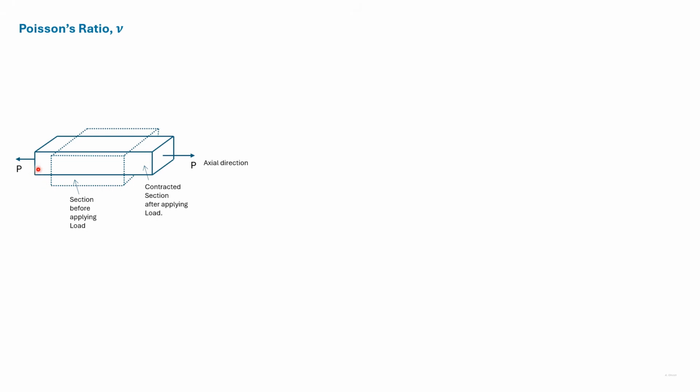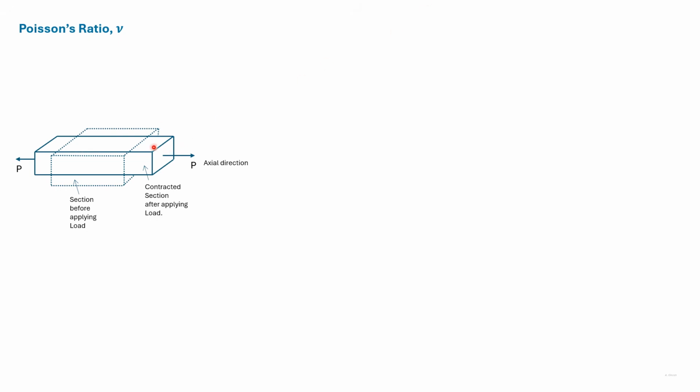So here is a body to which an axial load has been applied. The load is tensile. The original is shown in dotted line. So this is the body without any application of loads.